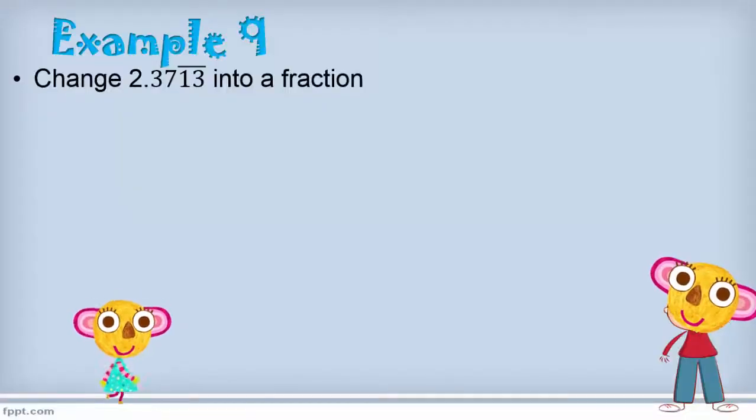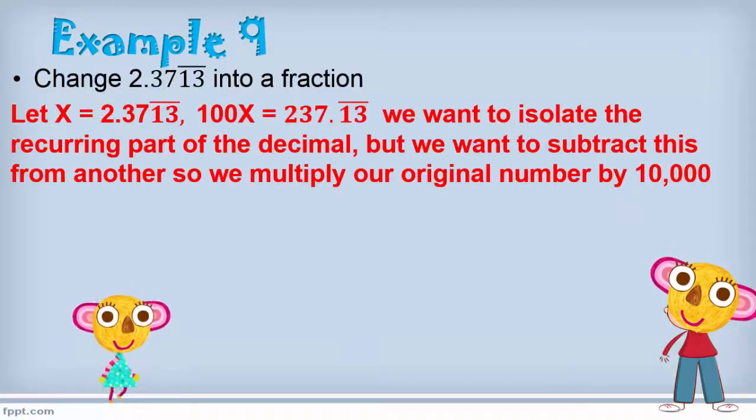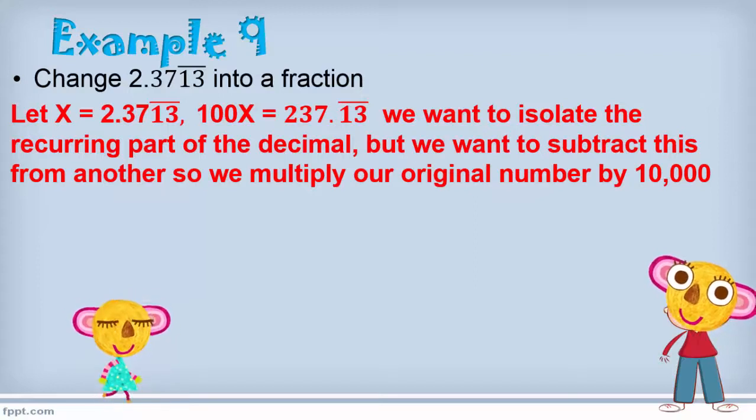Reviewing what we just did on the whiteboard, we let x equal 2.3713131313, etc., and we multiplied this by 100. We did this in order to isolate the recurring part of the decimal. So we got 100x is equal to 237.131313.